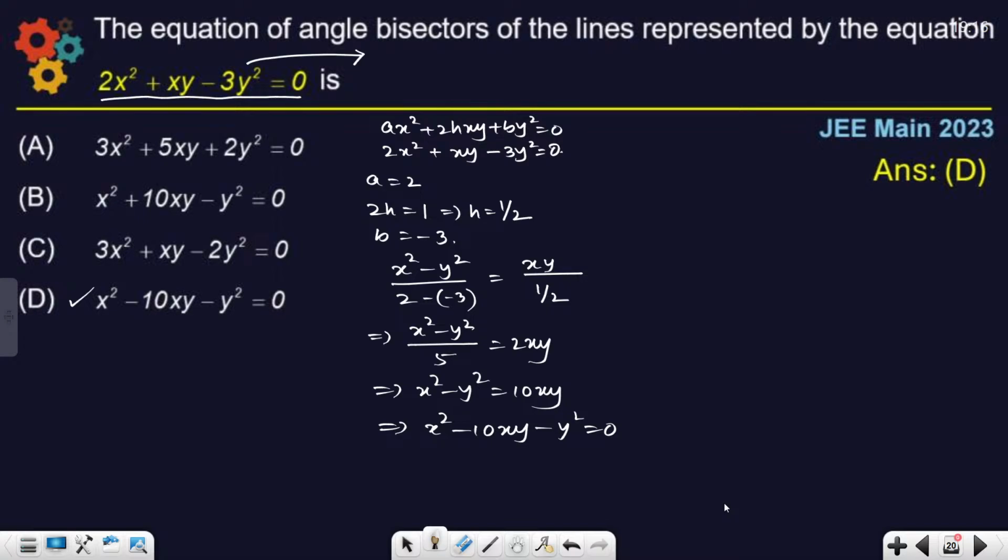It's a hectic and troublesome thing, a complete wastage of time. So please do remember this angle bisector formula that I taught you: (x square minus y square) by (a minus b) is xy over h. That's it. The condition is a is not equal to b and h is not equal to 0.